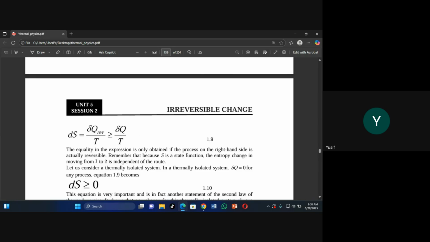Okay. The equality in the expression is only obtained if the process on the right-hand side is actually reversible. They say this only holds if the right-hand side is reversible. Remember that because S is a state function, the entropy change in moving from 1 to 2 is independent of the route. As we said, the entropy change in moving from the first state to the second state is always independent of the route.